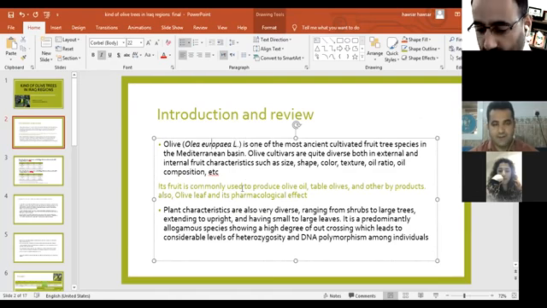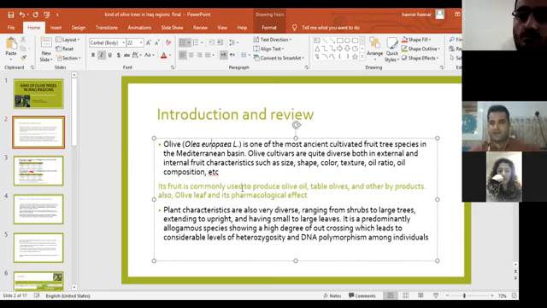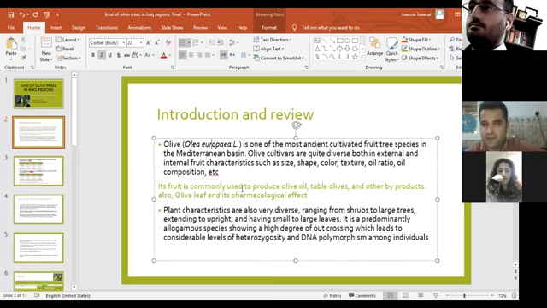Olea europaea L. is an ancient cultivated fruit tree, and it is found in the Mediterranean basin. Olive cultivars are different in both external and internal fruit characteristics.